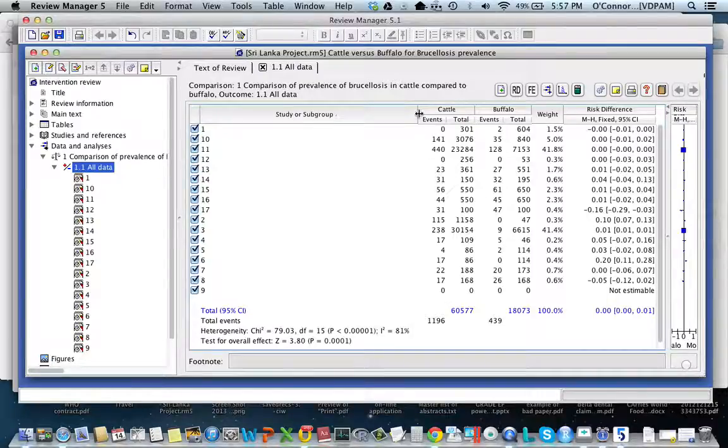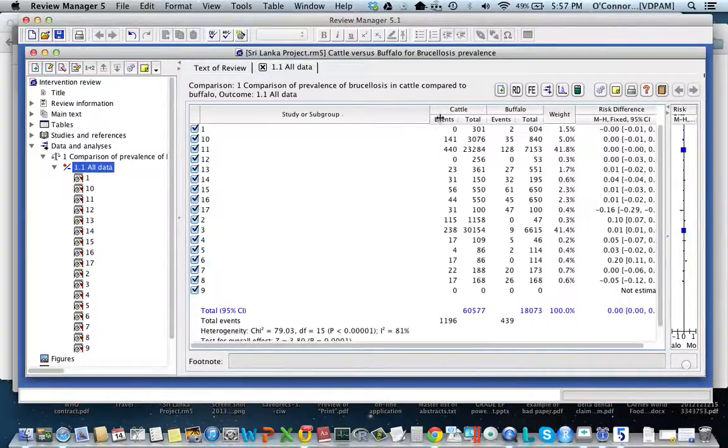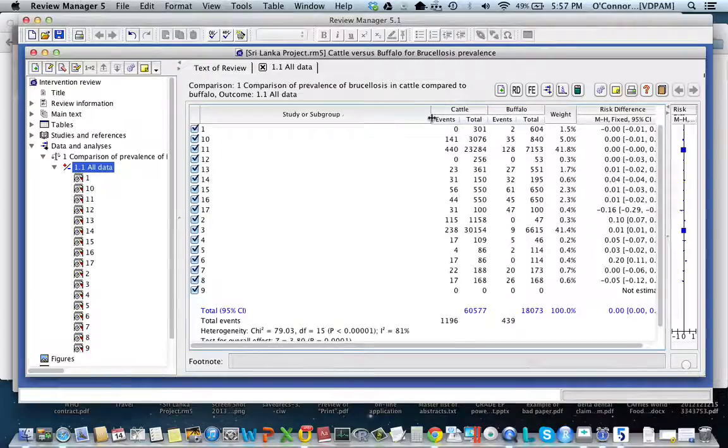So let's think about what we're doing when we're doing a meta-analysis. A meta-analysis is an observational study of studies. So in our analysis, each study is an observation. Now in primary research, each animal or each farm is an observation.